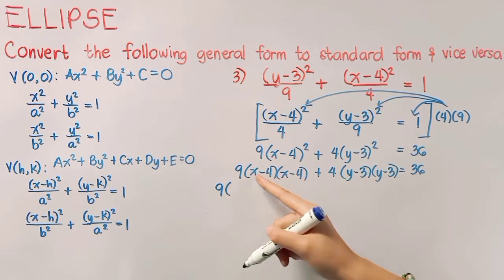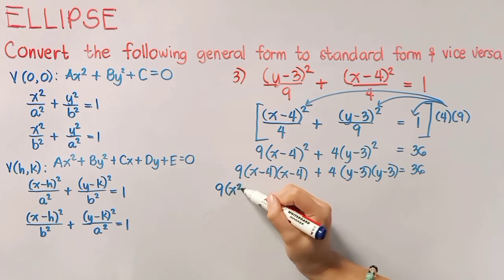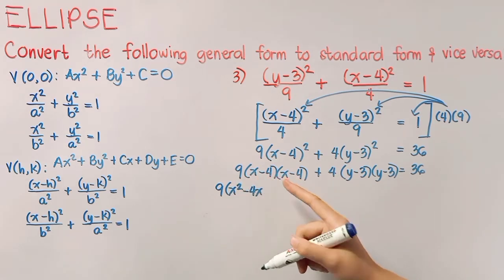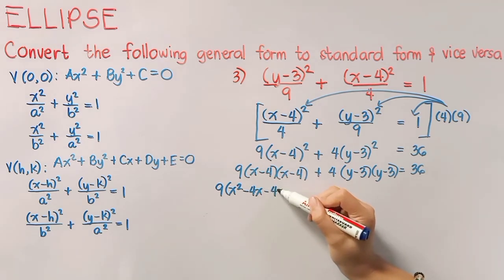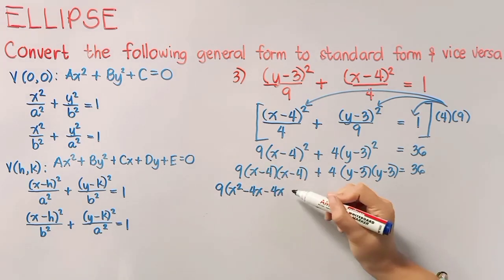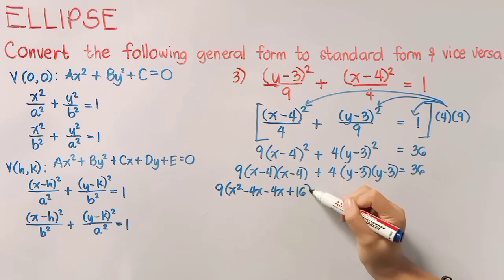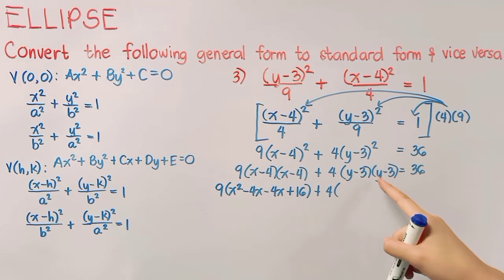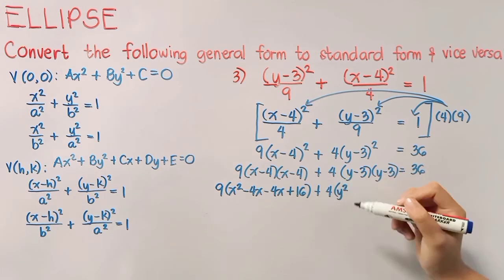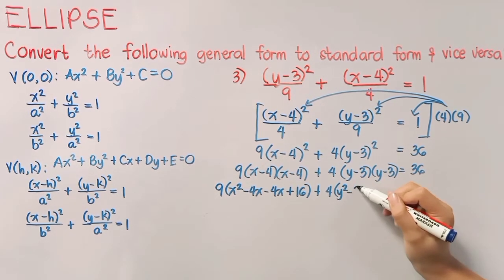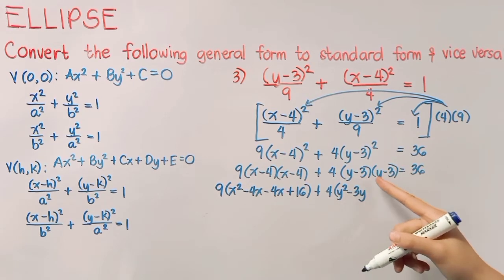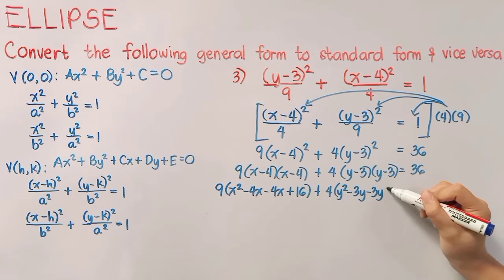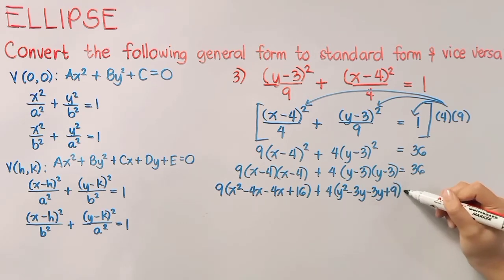We have here x times x is equal to x squared, x times negative 4 is negative 4x, negative 4 times x is negative 4x, and negative 4 times negative 4 is positive 16. On the next term, we also have here y times y is y squared, y times negative 3 is negative 3y, negative 3y times y is negative 3y, and negative 3 times negative 3 is positive 9.